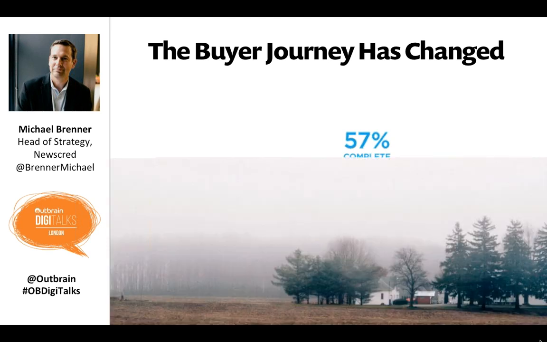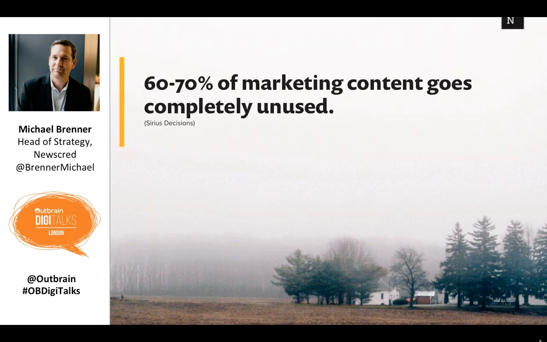And we know that the buyer journey has changed. Up to 60%, and now Serious Decisions is saying that as much as 80% of the buyer journey has shifted to self-directed search.